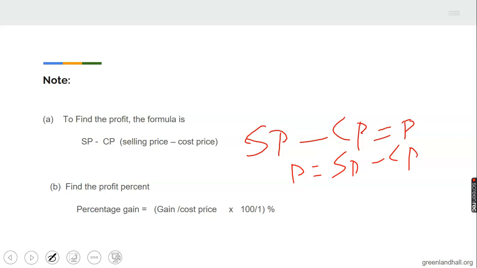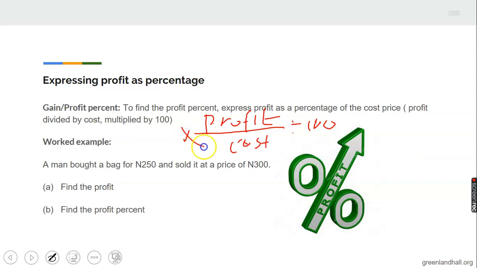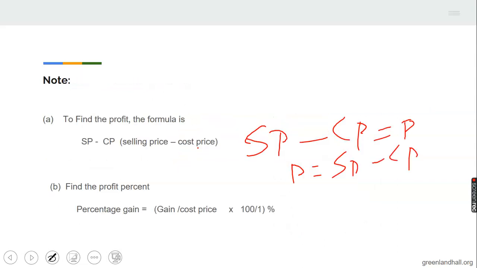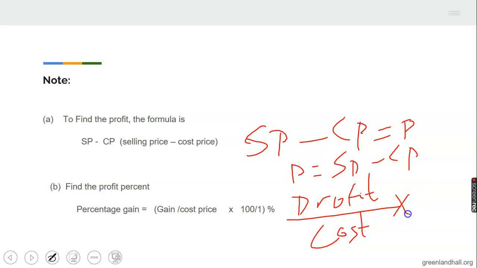Okay, now let's go to the B part of it. The percentage, the formula for finding profit percent. Profit percent, or profit gain, is profit over cost price times 100 over 1.